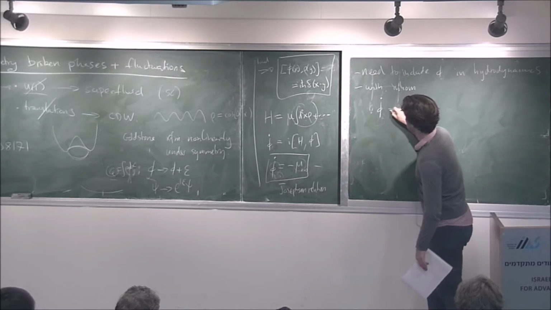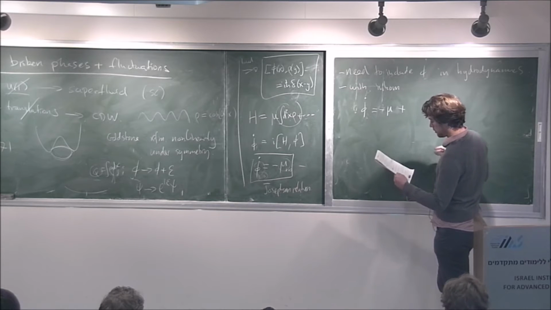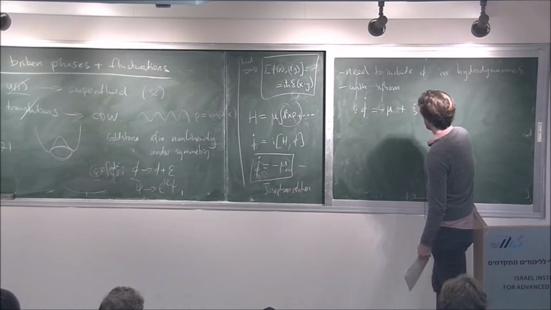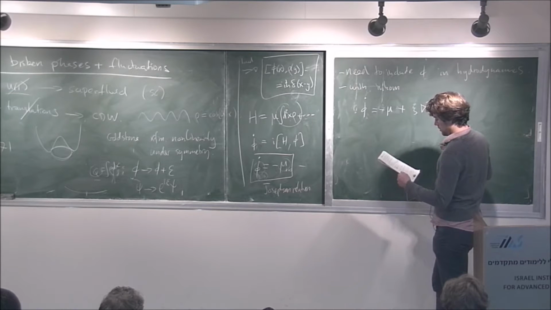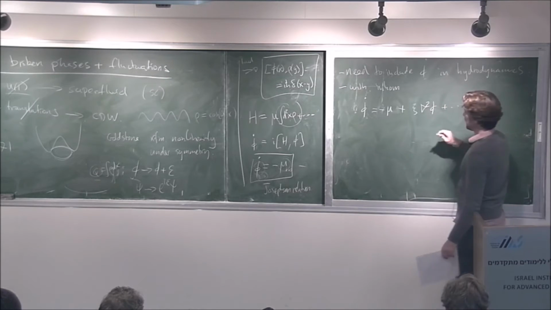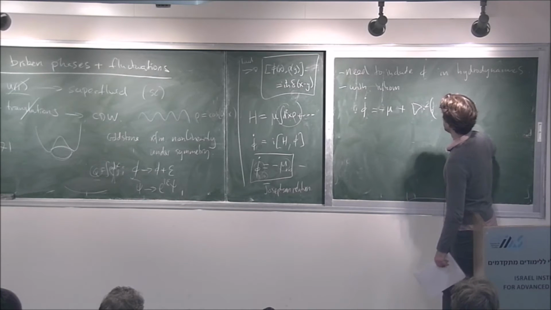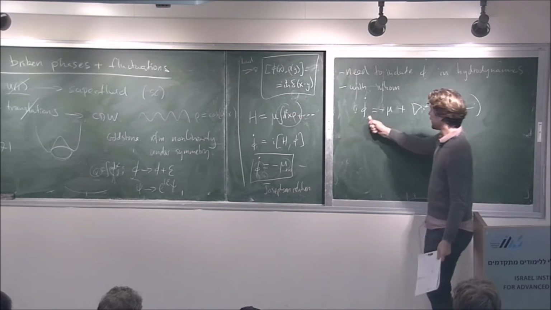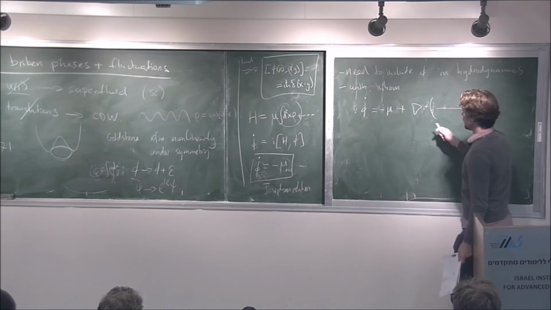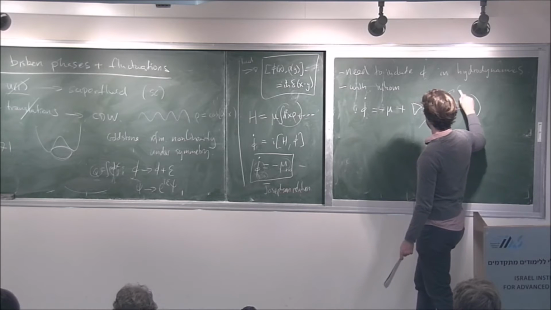So phi dot is minus mu plus derivative times stuff. In the same way that the constitutive relations have this derivative expansion, phi dot also has a derivative expansion. And that's fine because when you integrate over the total space, these terms will drop out.